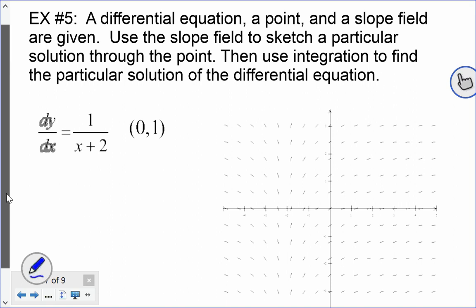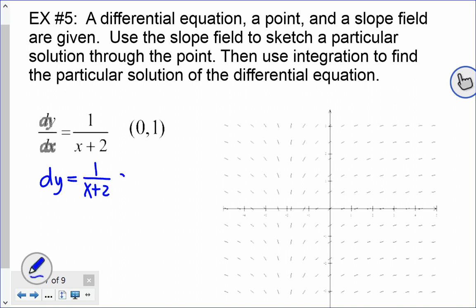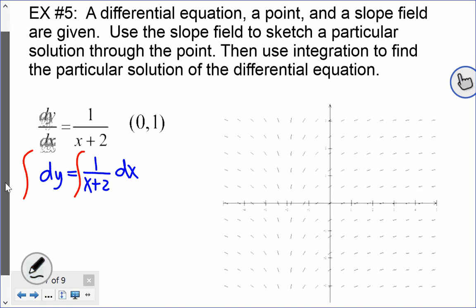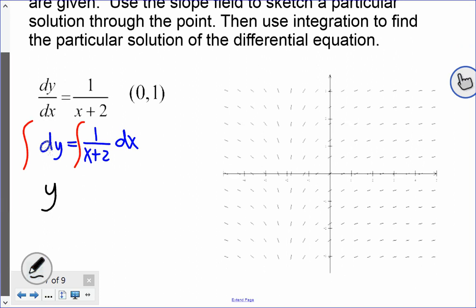So to solve this, we're going to have dy equals 1 over x plus 2 dx, and then we're going to integrate both sides. I'll go back to a black marker. So we integrate dy, we get y. We integrate the right-hand side. Remember, we're going to get ln of the absolute value of x plus 2, plus C. And now we want to find the solution for when we have (0, 1).